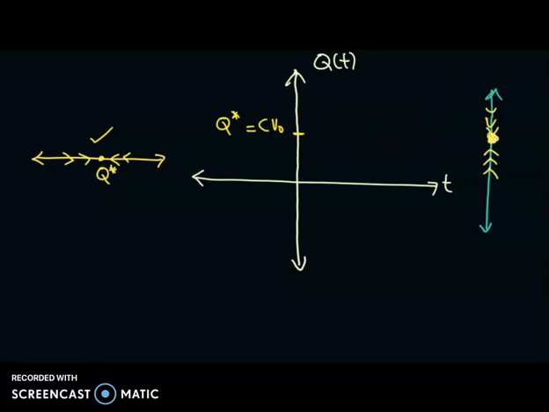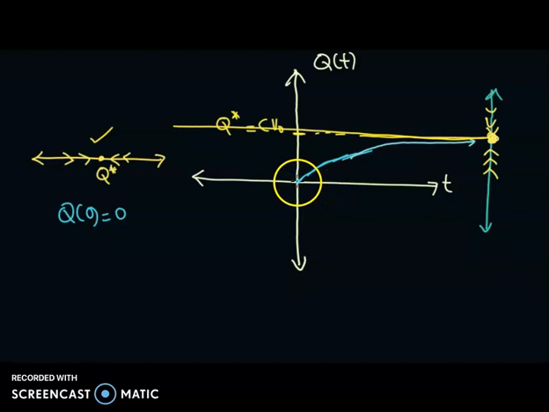So what is going on basically? Since we are assuming that at time t equal to 0, q of 0 is 0, the trajectories will start from here and converge to this solution over here. If there is any other trajectory that starts, it will converge to this.